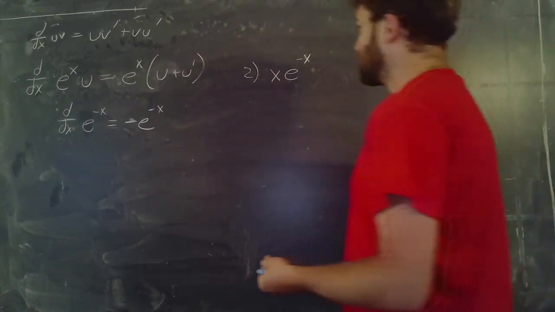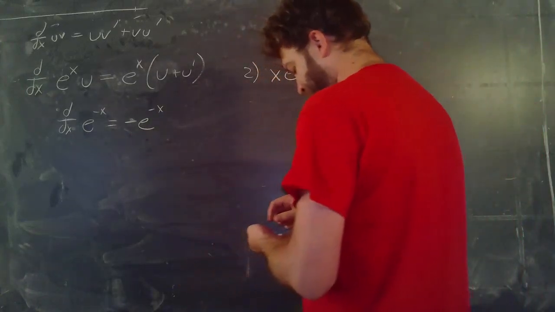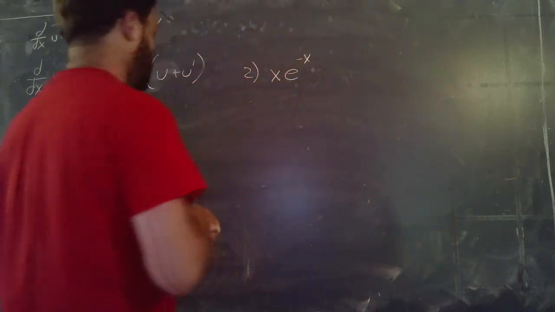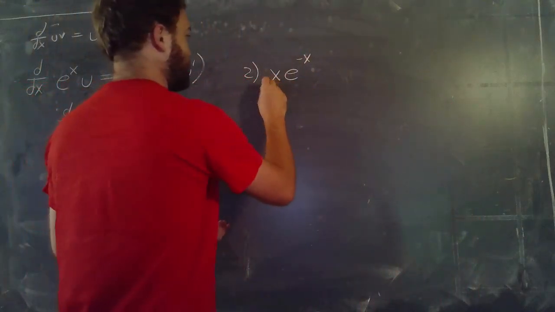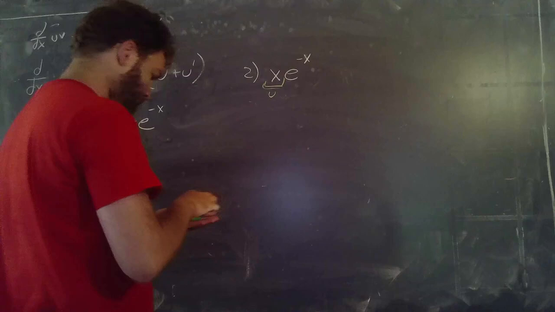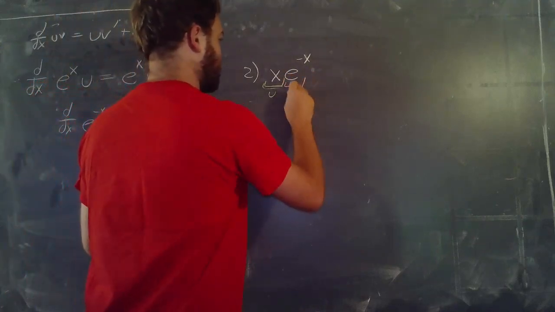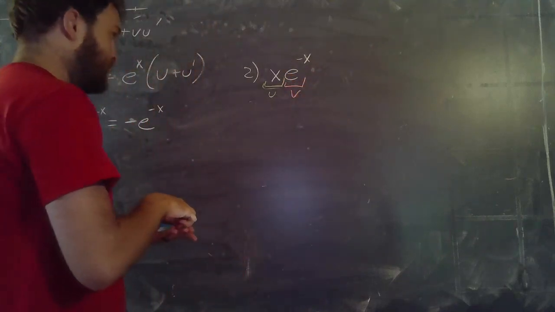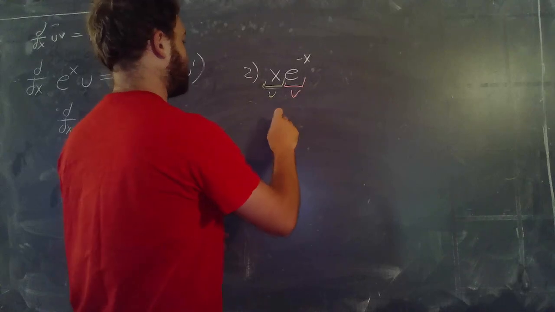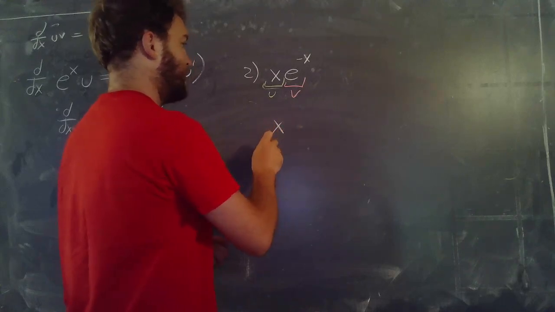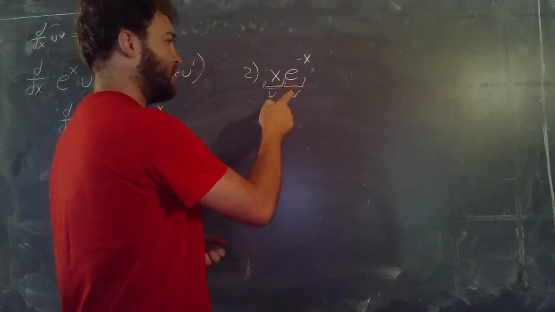So the product rule says write down the first function, and again what I need to do is decide what my functions are. I have this function of x, which I can call u, and I have this function of x, which I can call v. So it says to write down the first function, u, which is just x, times the derivative of v.